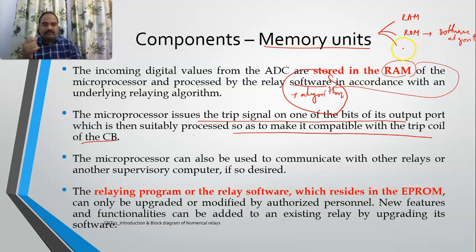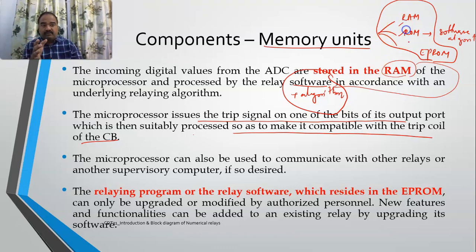And next there will be the settings, etc., right? So that also will be there. It's not only the software or algorithm, the relay settings also will be there. So everything will be there, right? So all these things will be stored in the relay in different parts.